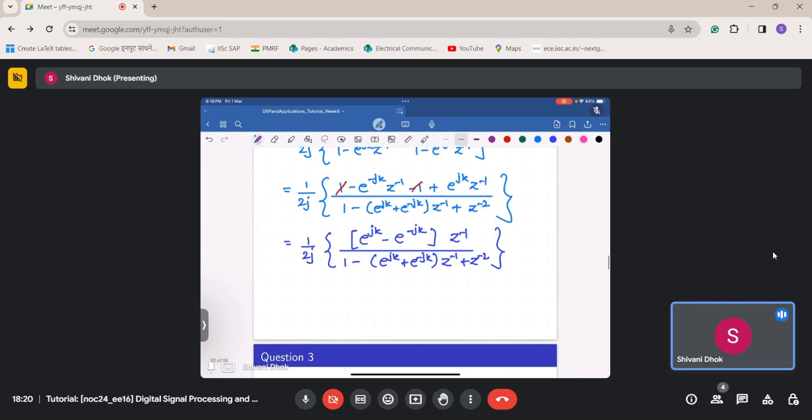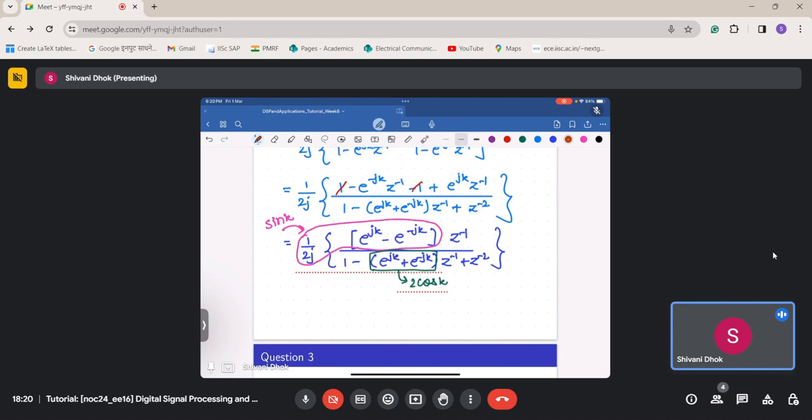If I consider this term here, this is simply sine k, and in this term, if I multiply and divide by 2, I'll have 2 times cos k. So this term is cos k but multiplied by a factor of 2.